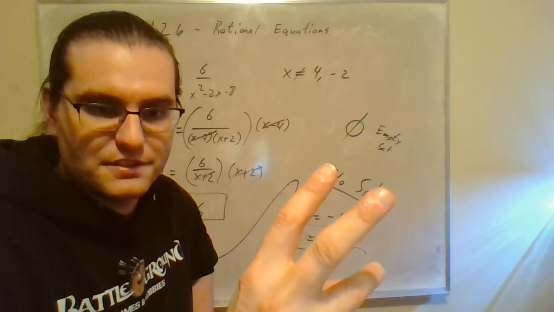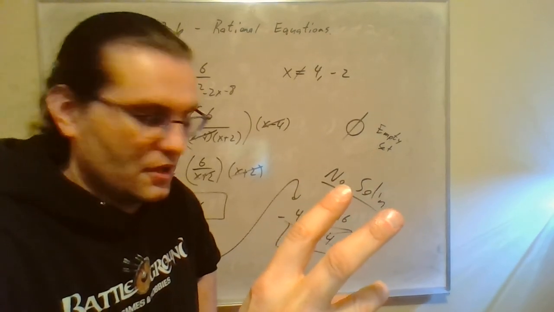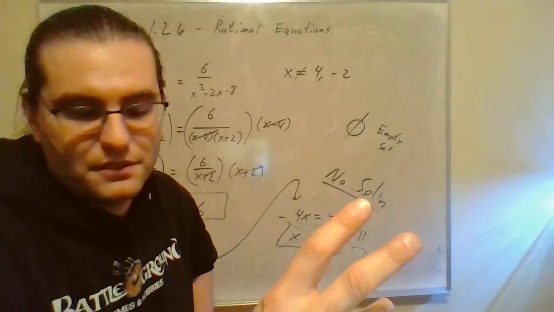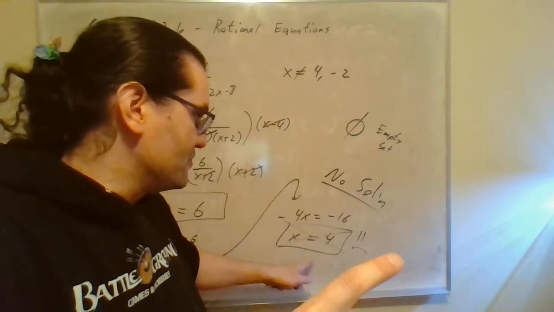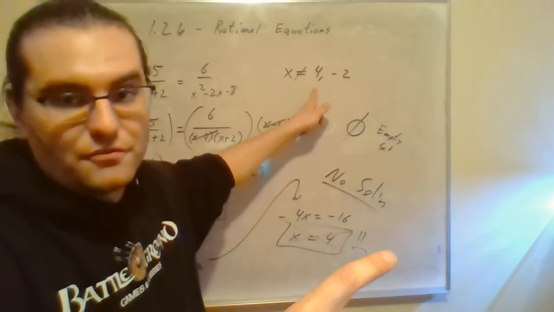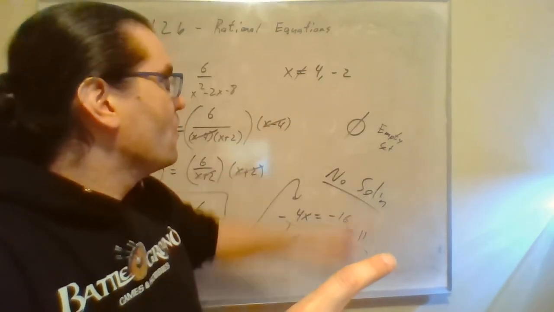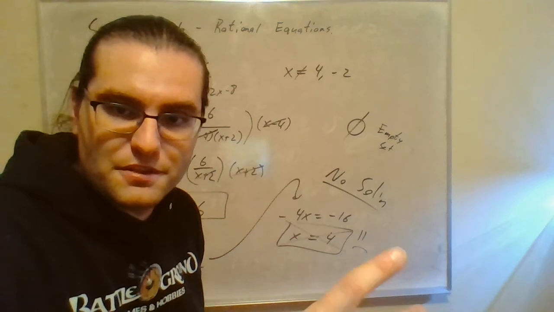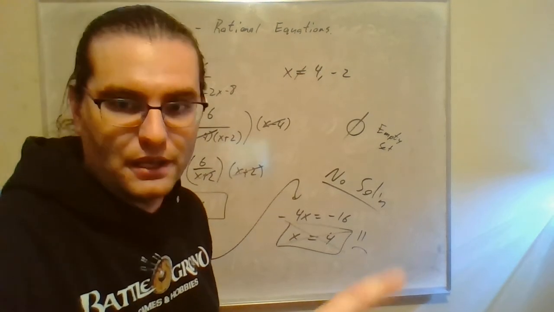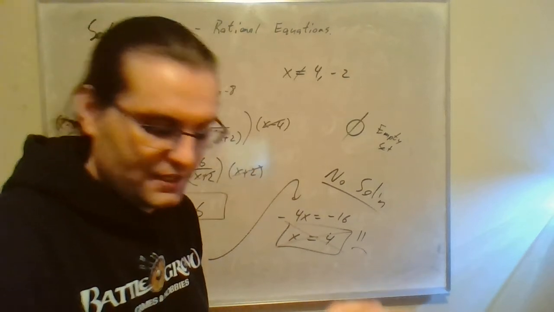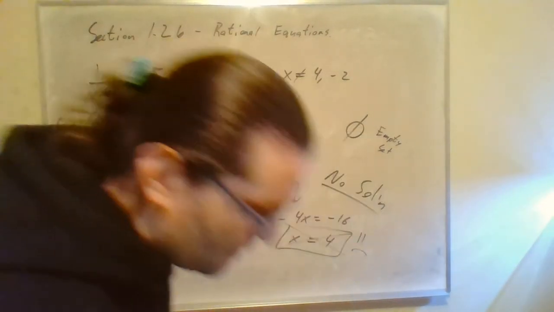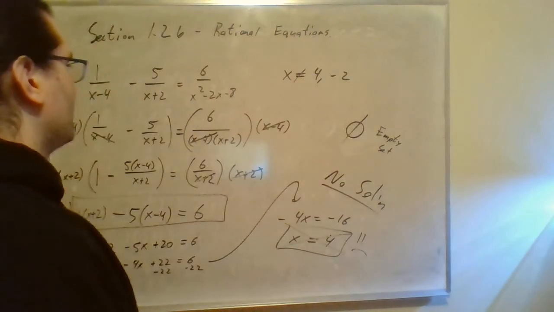You either get one answer, like what we did in the last couple problems, you get no answers, which is what happens here when the answer you come up with is some sort of domain restriction thing. Or the third option that we had when we were doing 1.2a was infinitely many solutions. Any value of x solves that.